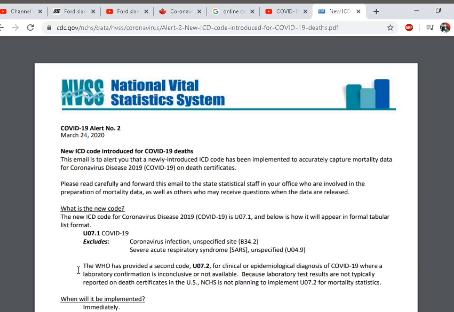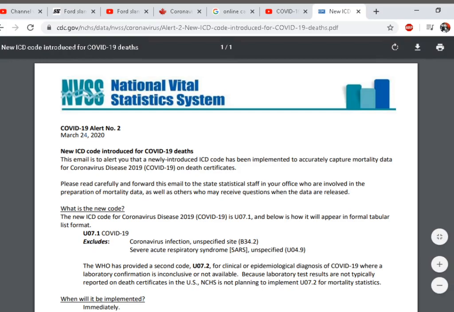The World Health Organization has provided a second code, U07.2, for clinical or epidemiological diagnosis of COVID-19 where laboratory confirmation is inconclusive or not available because laboratory test results are not typically reported on death certificates in the US. The NCHS is not planning to implement U07.2 for mortality statistics.